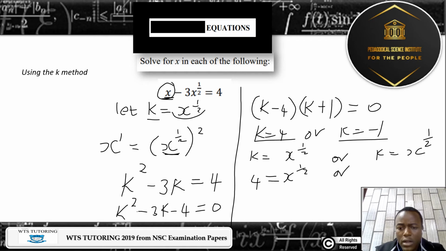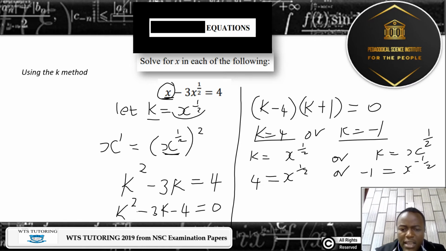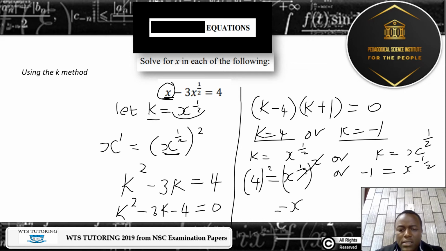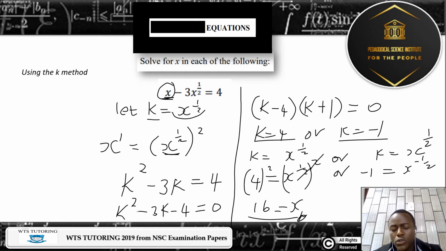Then also I'll replace by minus 1 this side and solve for x. In this case, I'm just going to square both sides in order to get my x, so that the exponent 2 and the exponent 1 over 2 can cancel each other. My x is going to be 16. That side also I'll do the same, and I will just square there in order to get my x.